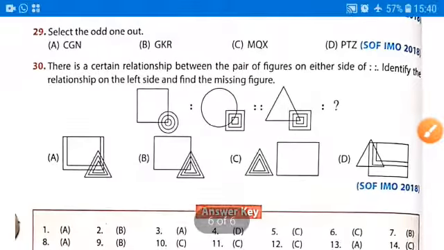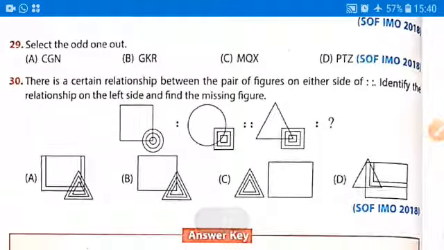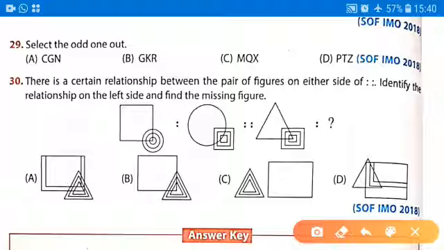Now coming to the last question of this exercise, question number 30. There is a certain relationship between the pair of figures on either side of the similar sign. Identify the relationship on the left side and find the missing figure. As you can see here, first we have a square and three small circles. Now the circle and square are interchanged.